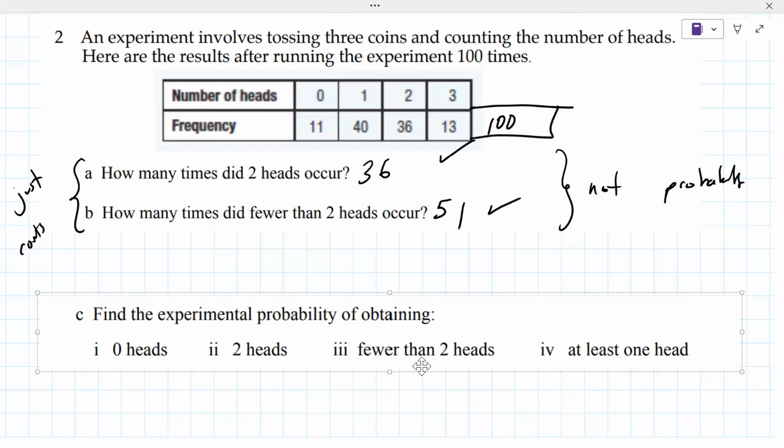And then at least one head. So when it says at least one head, does it mean the smallest amount of heads is one, but it could also be 2 and 3? Question. You're thinking about what does it actually mean?